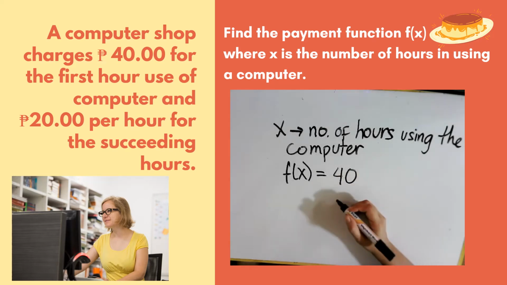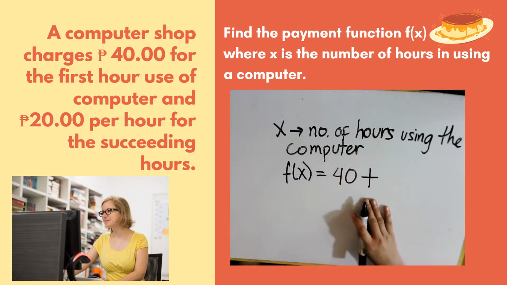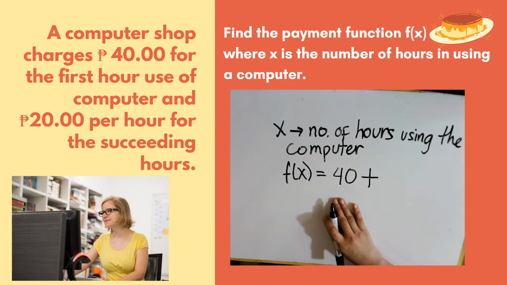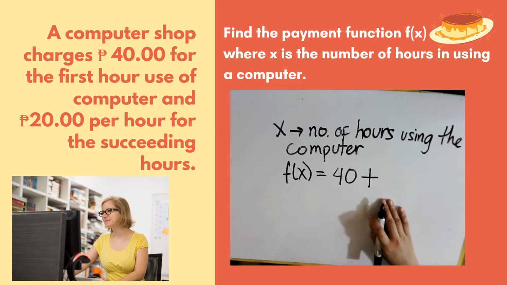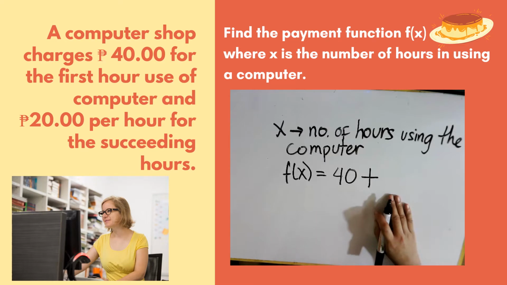So, since madadagdag yun, kung sakasakaling lalampas ka sa isang oras, so i-add natin yun. Magkano ang i-add? 20 pesos kada oras na lampas sa unang oras. So, halimbawa, kung nakadalawang oras ka, yung unang oras mo 40, yung pangalawang oras mo 20.